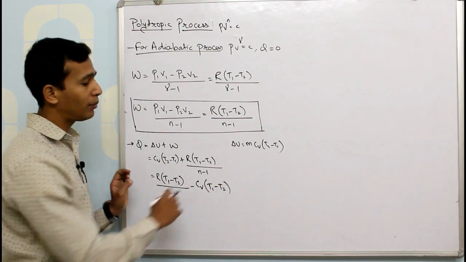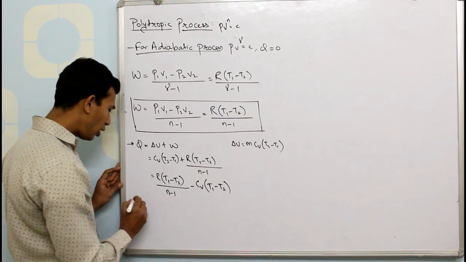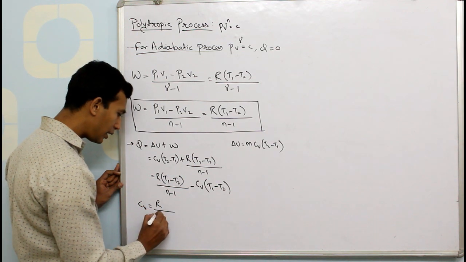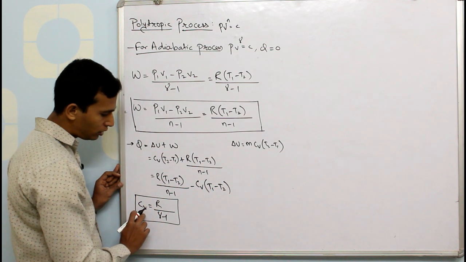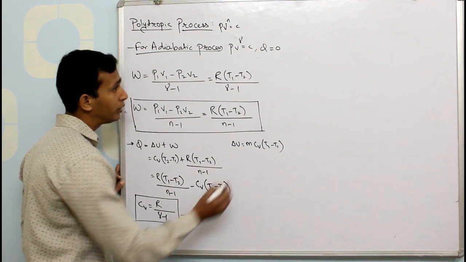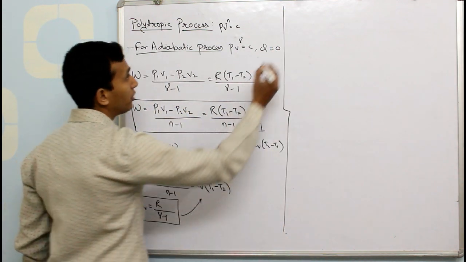Now I have T1 minus T2 as common. I need something more as common. From our relation CV equals R divided by gamma minus 1, if I put this value here, then we get something else as common. Let us put this value.